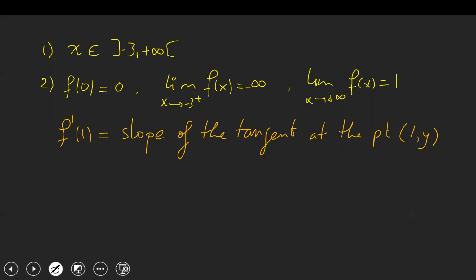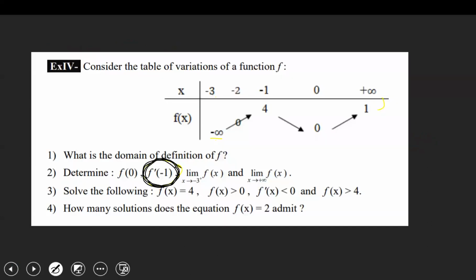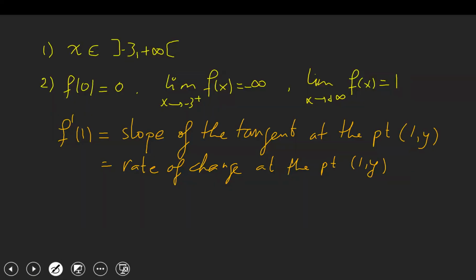It's the slope of the tangent. We can also say that it is the rate of change at this point. Whether we are talking about the slope of the tangent or the rate of change, at the point whose abscissa, sorry, is -1. I'm sorry, it's -1.